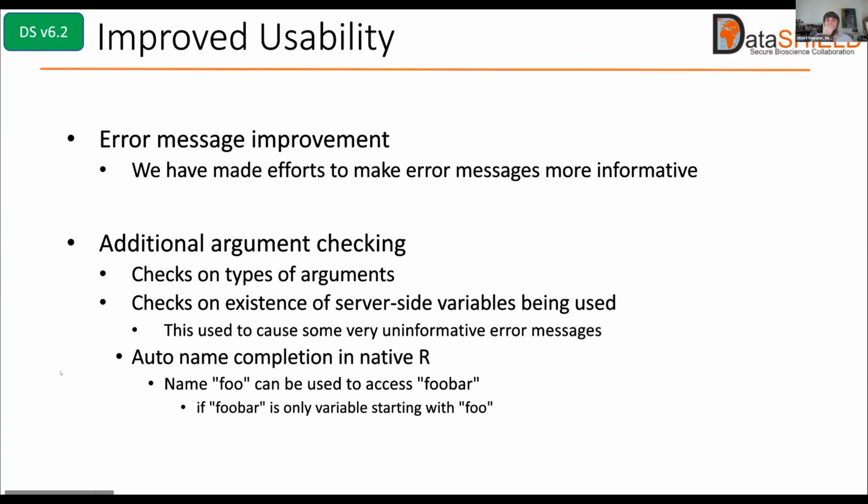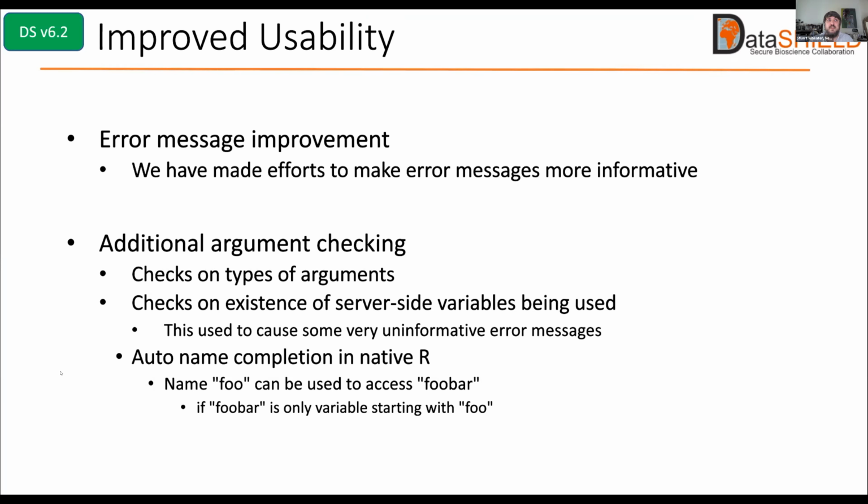Right. I think we're all rather aware that at times DataSHIELD can provide some rather uninformative error messages. So we've made an effort to trap or improve those error messages.